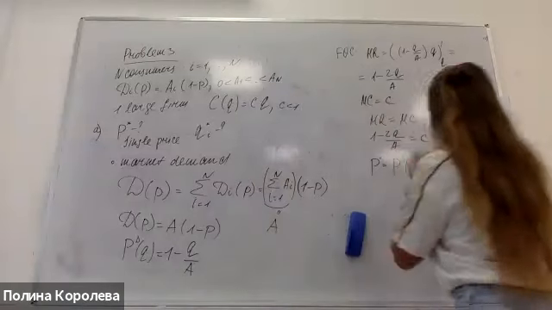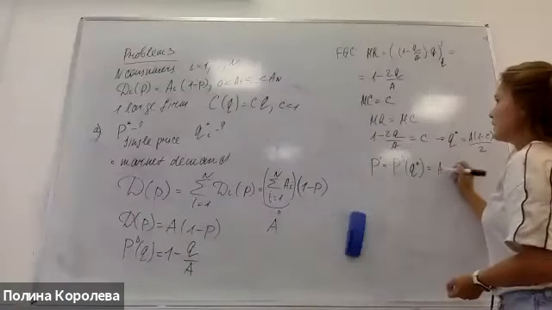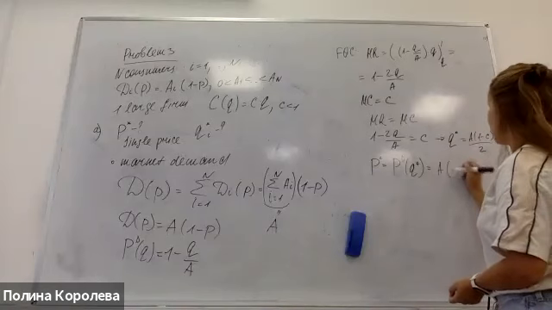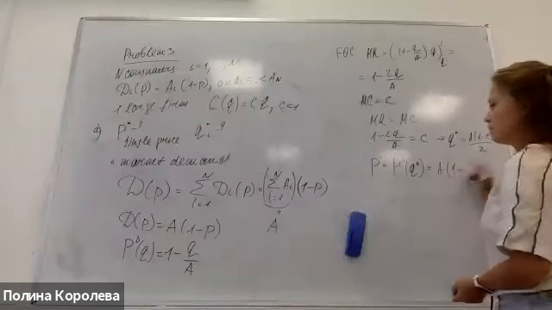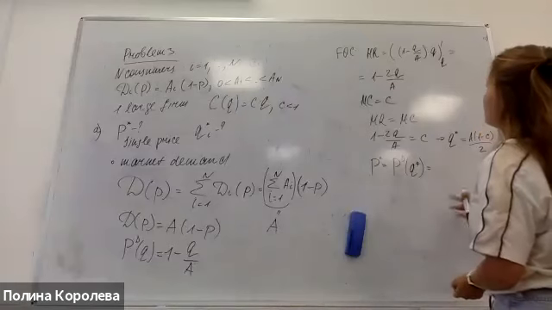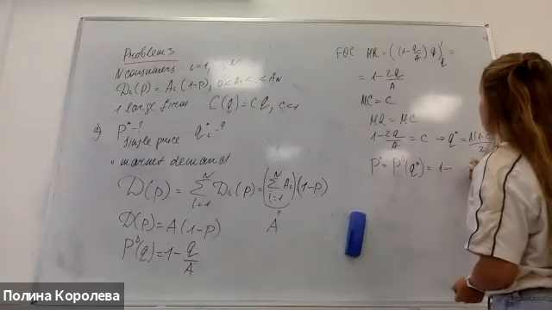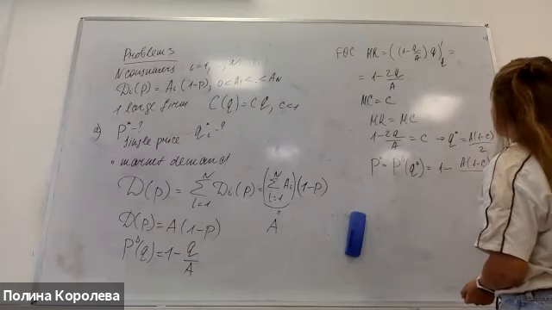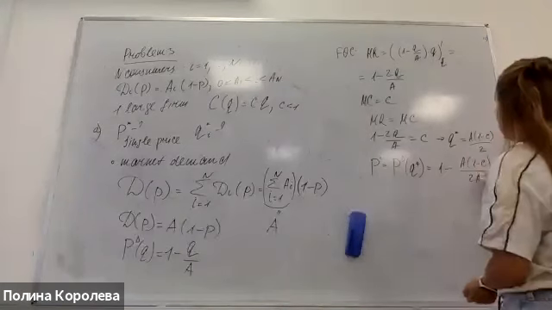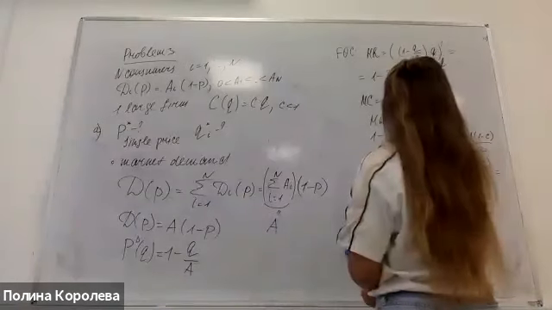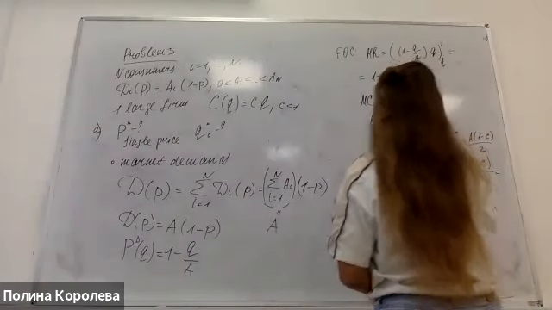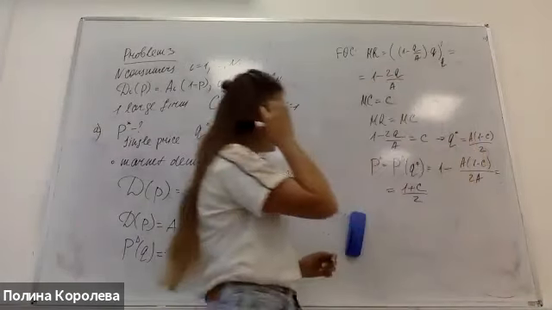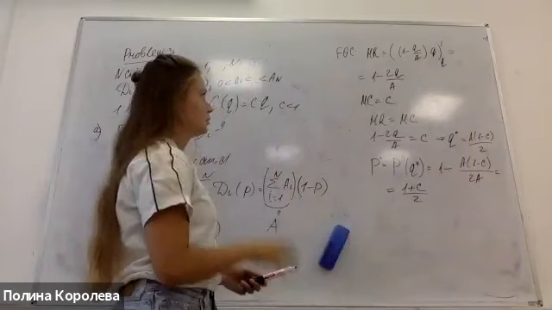It will be 1 minus A(1 minus C) divided by 2A. And this is (1 plus C) divided by 2. This is the price.